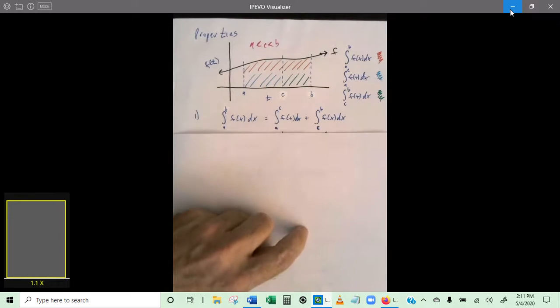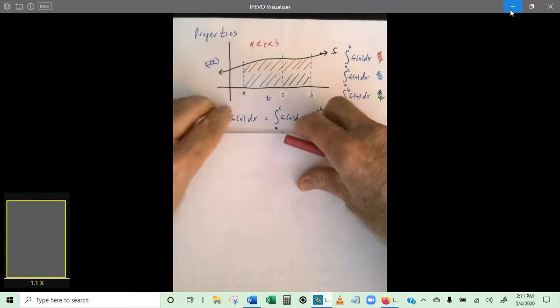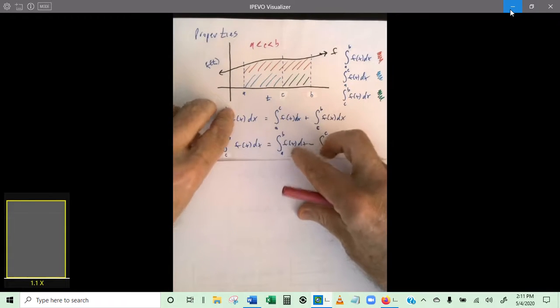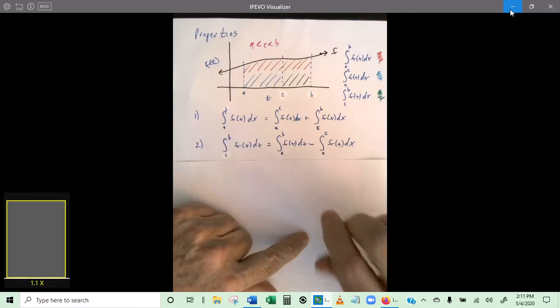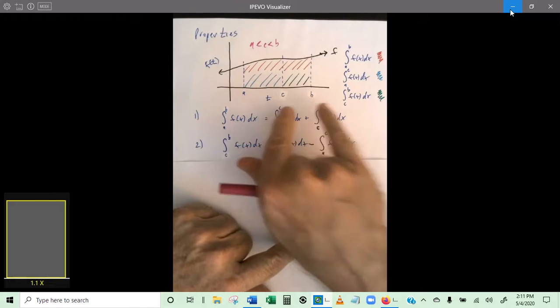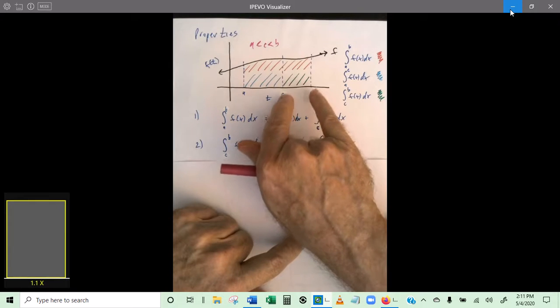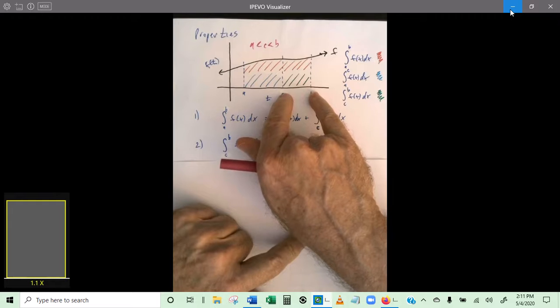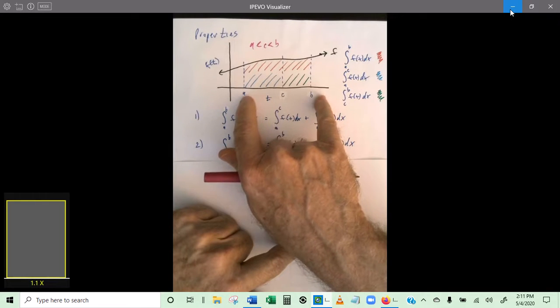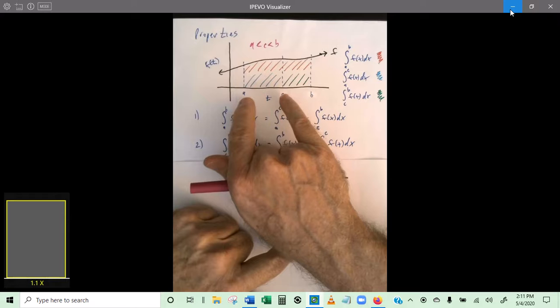Now, going back to the camera here, by the way, a version of that, the subtraction, would be true as well. This area here, C to B, would be equal to the entire area, A to B, minus the area A to C, right?